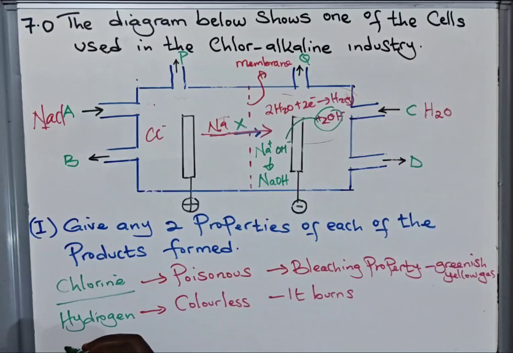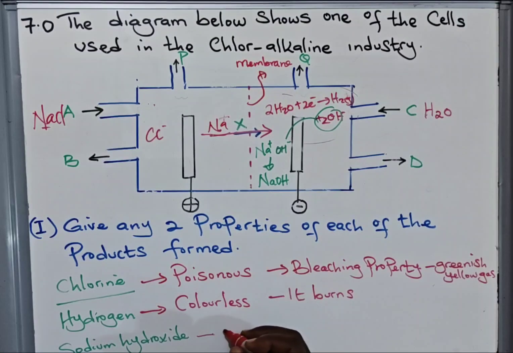Lastly, we have sodium hydroxide. So what are the properties of sodium hydroxide? The first one, it's alkaline in nature, or basic.